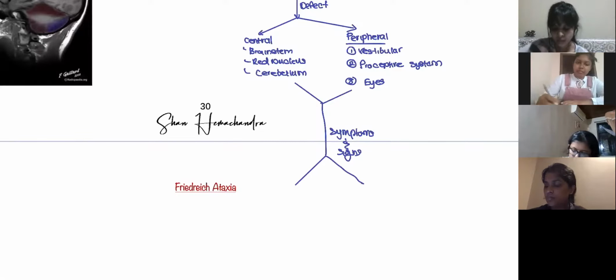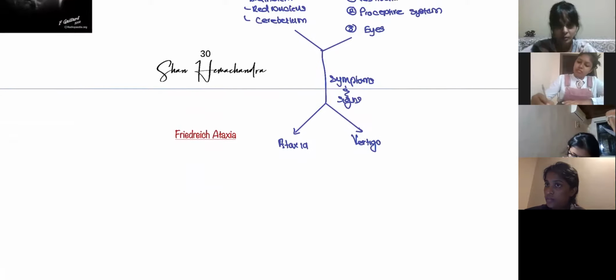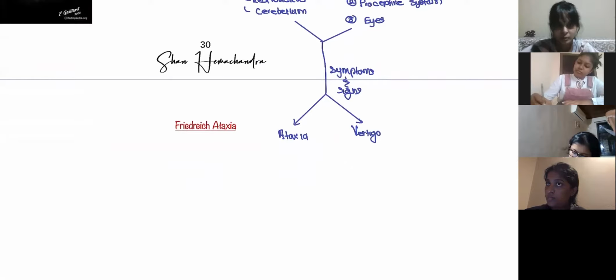What is the symptom and what is the sign? Ataxia is a sign. Vertigo is a symptom. I know there's associated nystagmus and everything, but ataxia is something you can find.